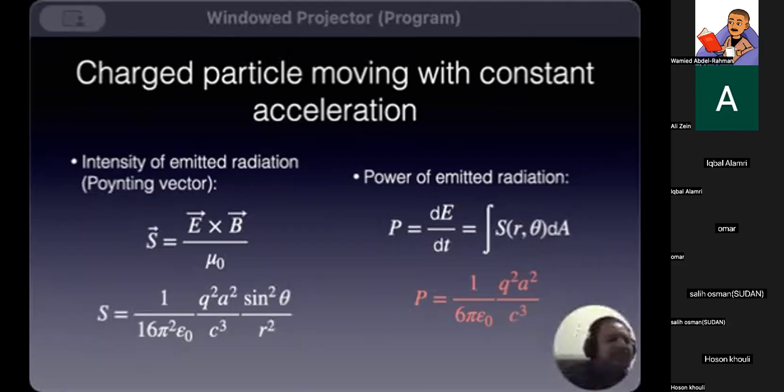And the result is a very nice equation. This power is given by the charge of the particle squared, the acceleration squared, divided by some constant, 6 pi epsilon 0 c to the power 3. So all we need to do is integrate this formula over the area of the sphere, and we will get the power here.